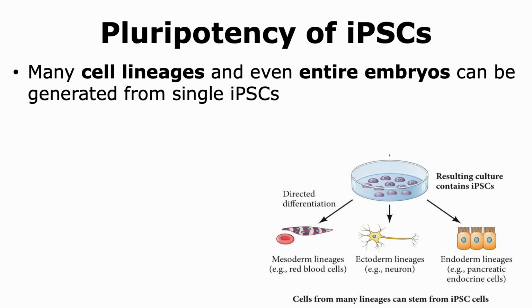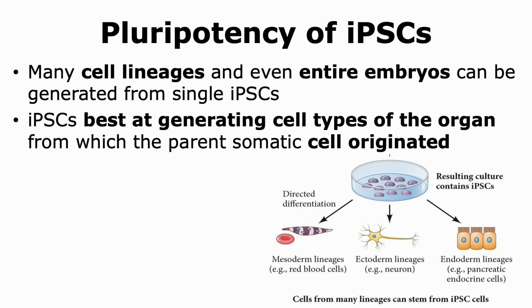Now, many cell lineages and even entire embryos can be generated from single induced pluripotent stem cells. However, induced pluripotent stem cells are best at generating the cell types of the organ from which the parent somatic cell originated.